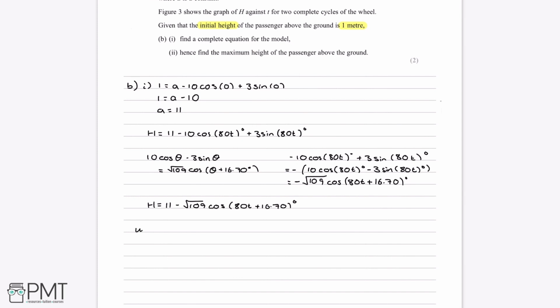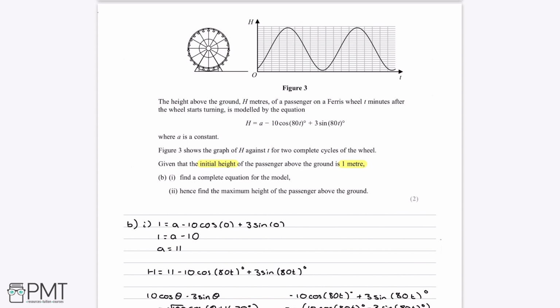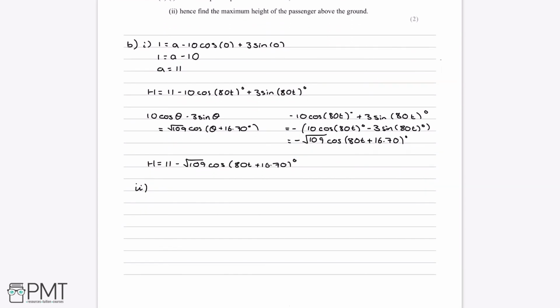So now for part II, we're asked to hence find the maximum height of the passenger above the ground. So if we look back up at this graph, the maximum height must be this point or this point, because these are the largest values of h that we have on the graph. And the way to find this is going back to our equation in h that we've just found.